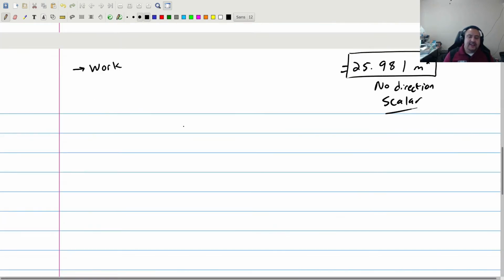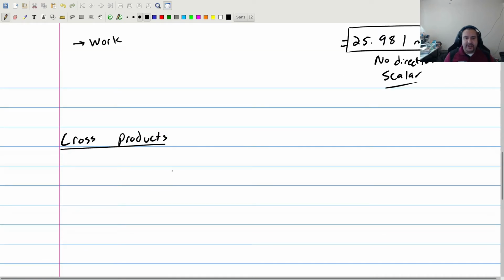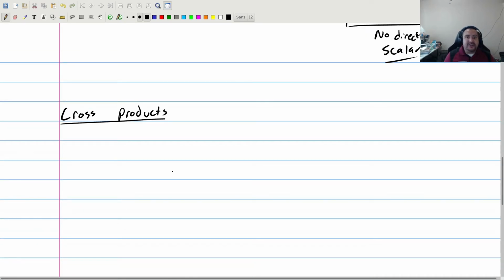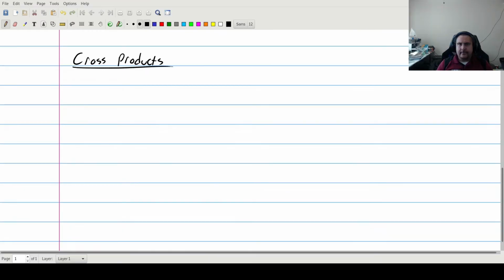That having been said, let's talk about cross products. All right, so a cross product is going to be a way of multiplying two vectors in order to get another vector. But before we get into cross products too much, we need to know one thing, and that is that cross products are, oops, wrong side of the pen.